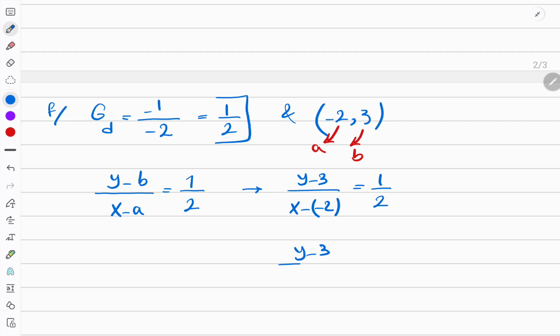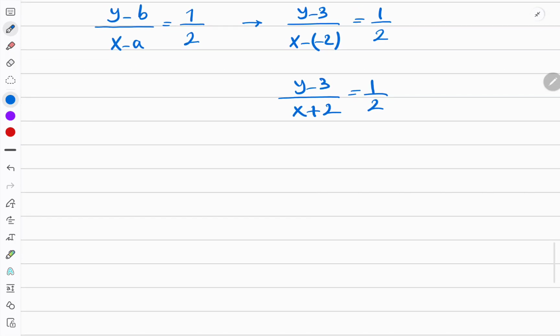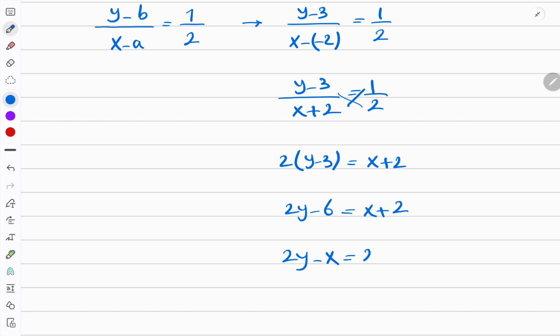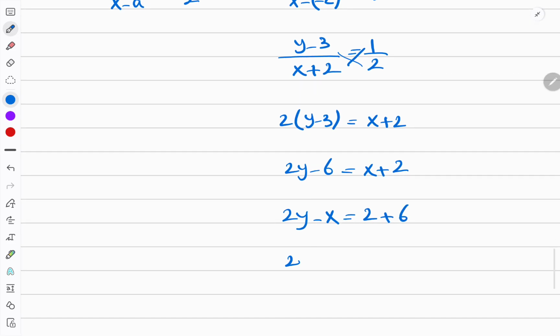So y minus 3 over x plus 2 equals 1/2. 2 times y minus 3 is 1 times x plus 2. So 2y minus 6 equals x plus 2. Take x to the left side and take -6 to the right side and change their sign. So 2y minus x is 8. And this is the general form of this equation.